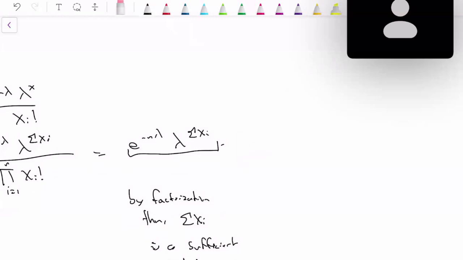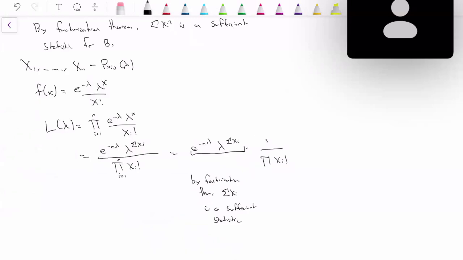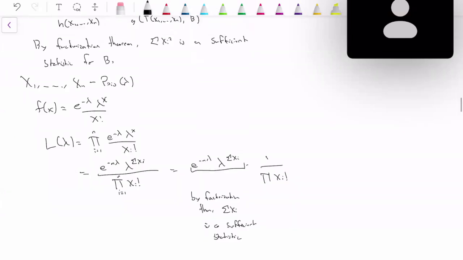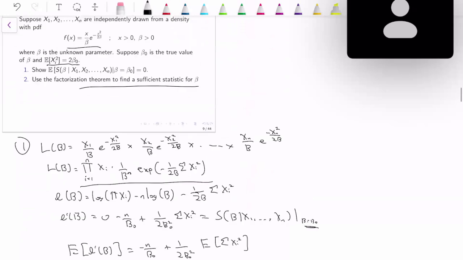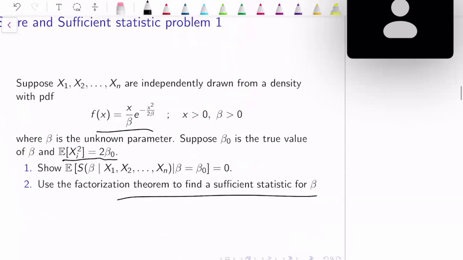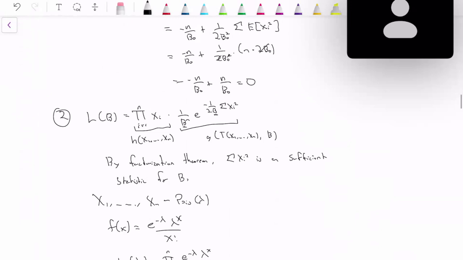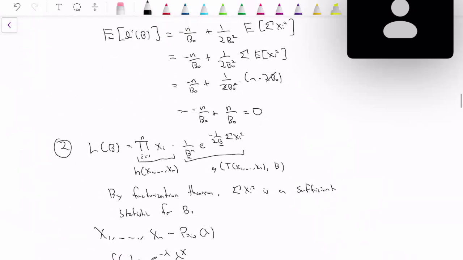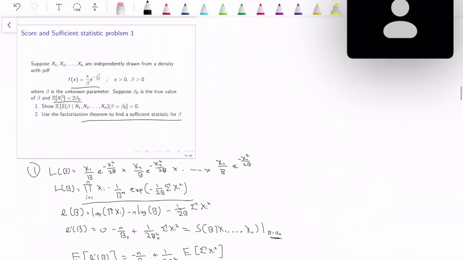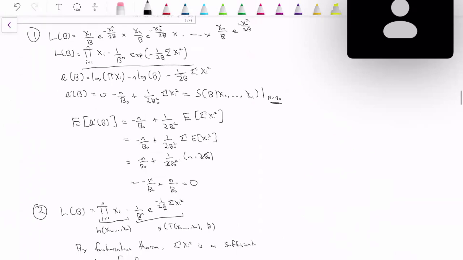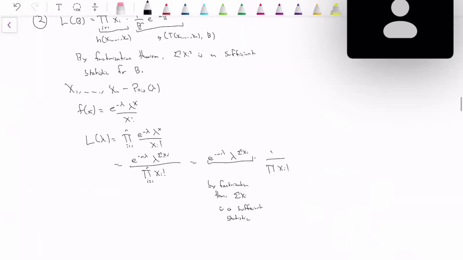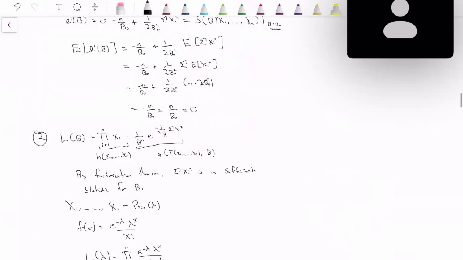So keep that in mind. But this is generally how to get a sufficient statistic for the Poisson, and up here how to do it for this weird distribution. It looks like some kind of exponential. Any questions for this problem?